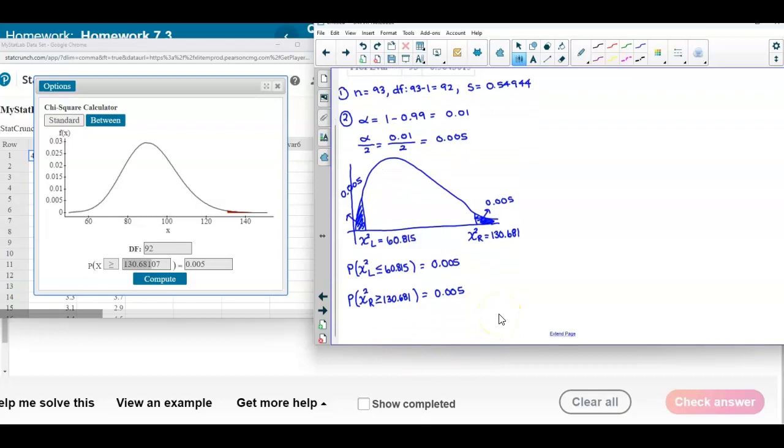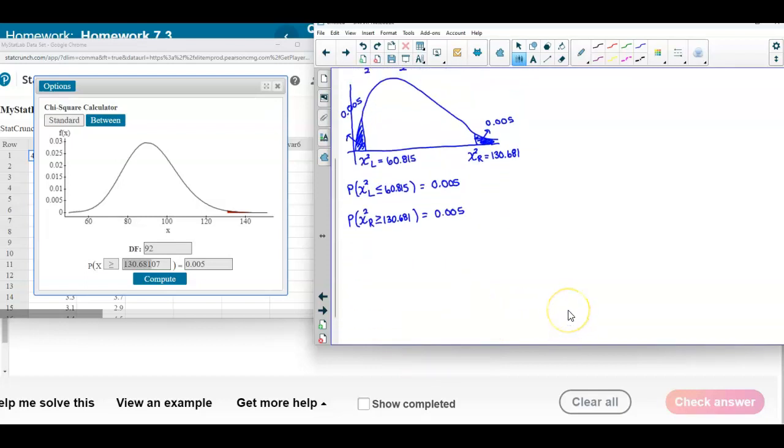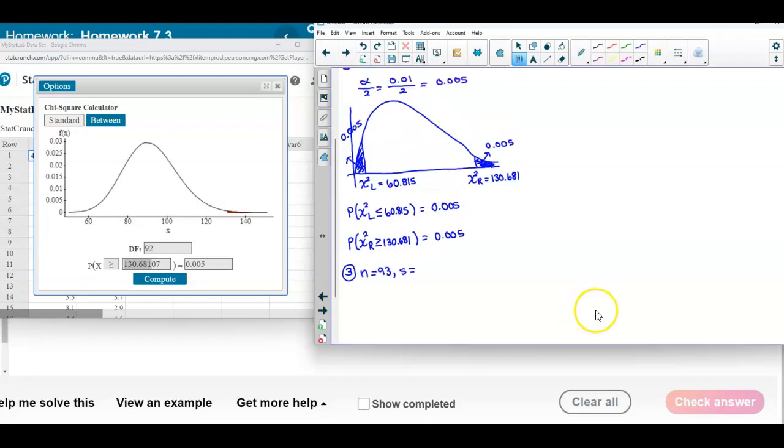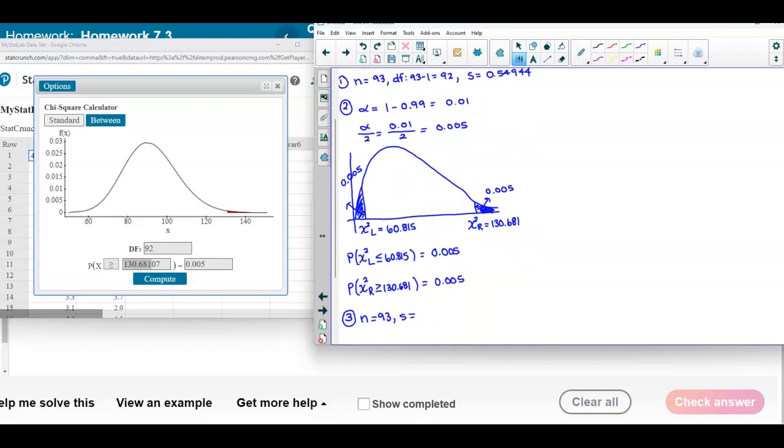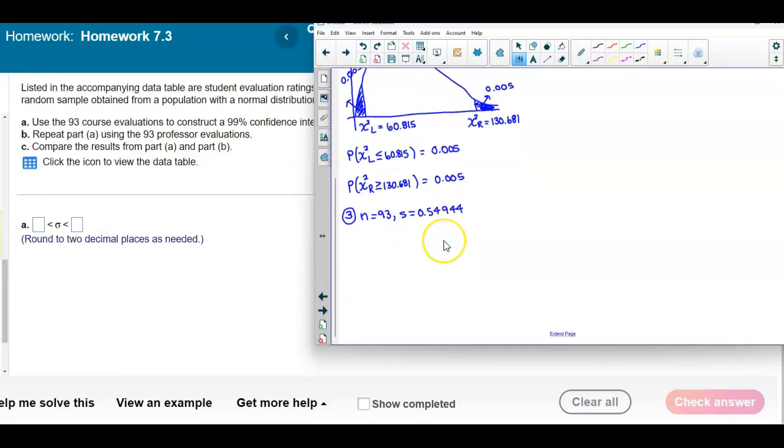Now what we want to do is find the confidence interval. We know the sample size is 93, and we know that the sample standard deviation is 0.54944.